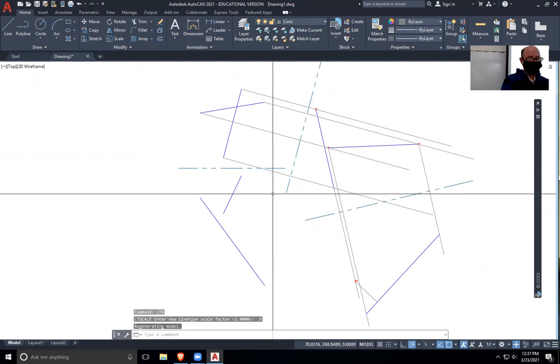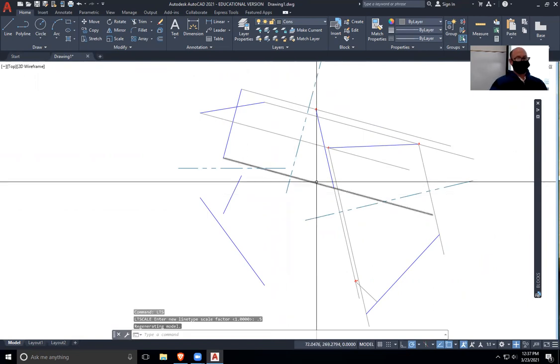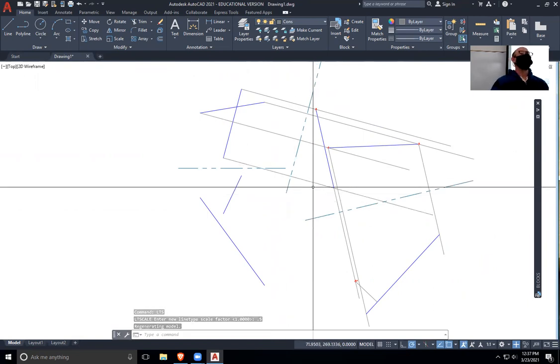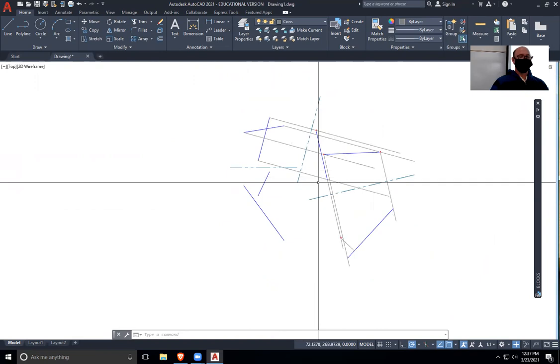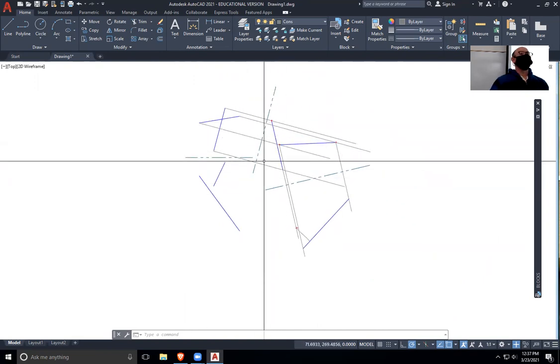Oh, how'd you do it? That's what I did. Yeah, I never could have done that because I always just scale the whole thing first. Yeah, and that's okay too. In fact, it's probably better.